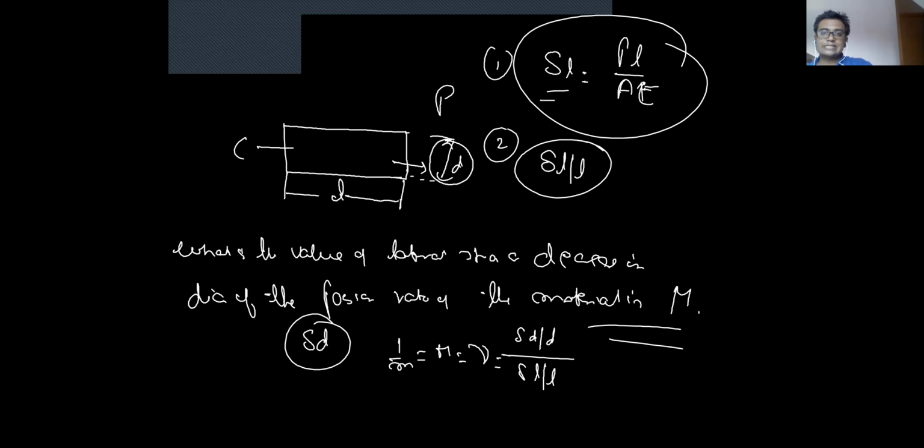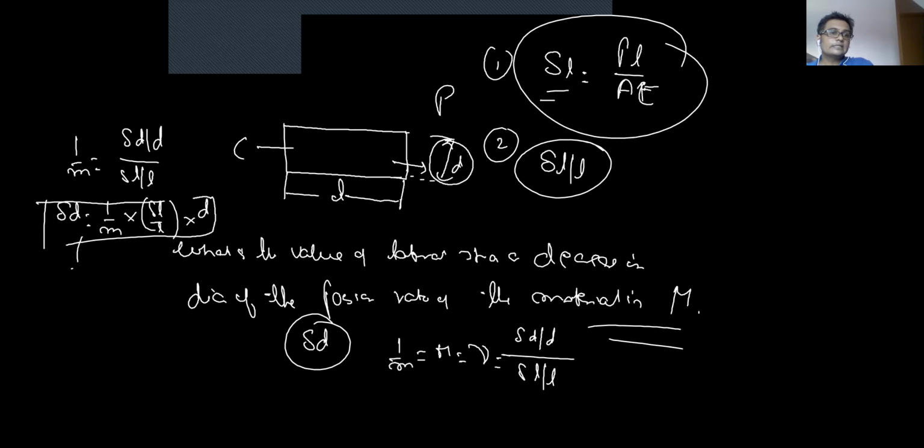And after finding out delta L by L, we can go for the value of the ratio 1 by m, and with delta L by L as we have calculated, we have to find delta D by D. D also we know, right? So in fact, we are left with finding the value of delta D, and that can be found out very easily by 1 by m into delta L by L into D. From here, we can get the decrease in diameter, right?